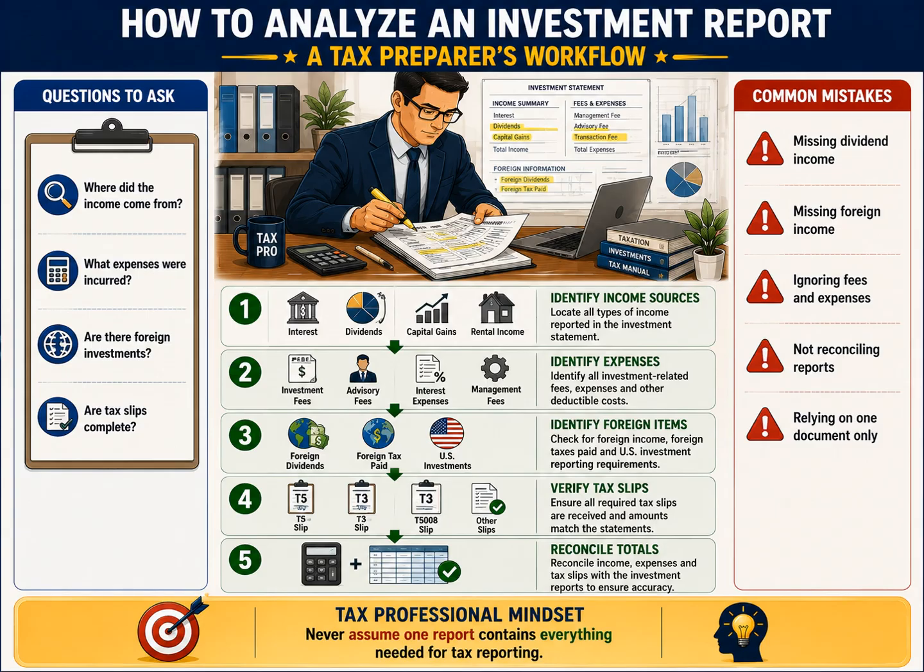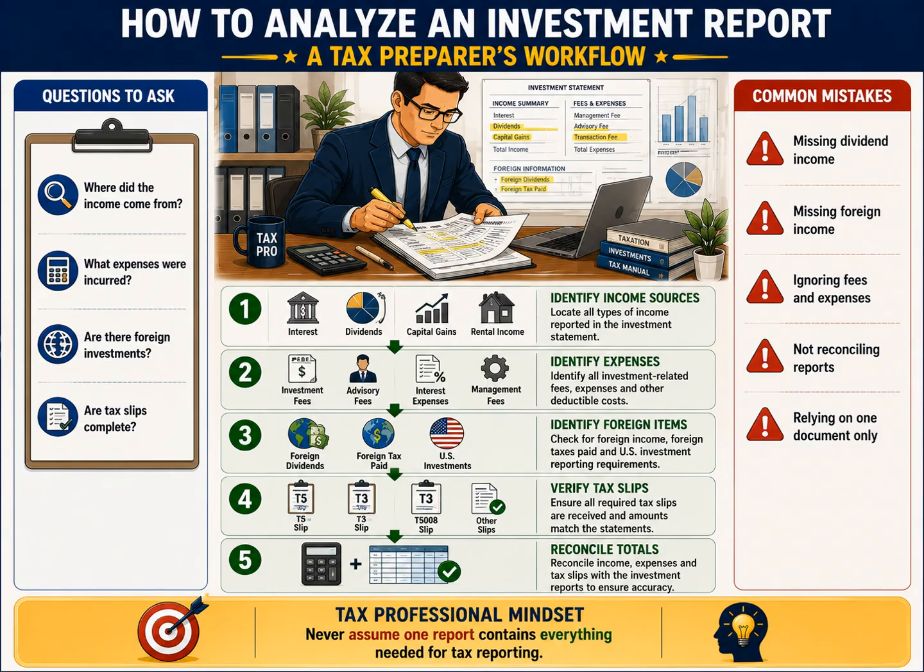The key message at the bottom of the slide captures the professional mindset required for this work. Never assume that one report contains everything needed for tax reporting. Investment information is often spread across multiple documents, statements, and tax slips. A good tax preparer gathers all the pieces, verifies the information, reconciles the numbers, and only then prepares the tax return.